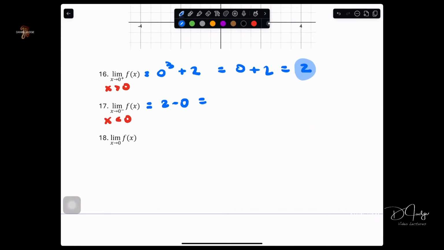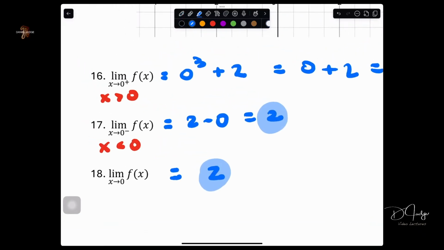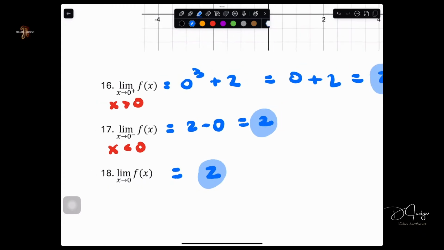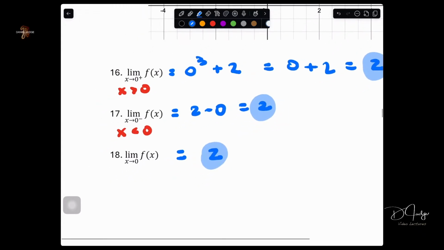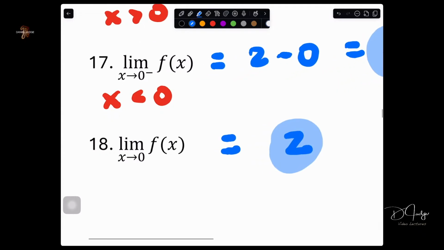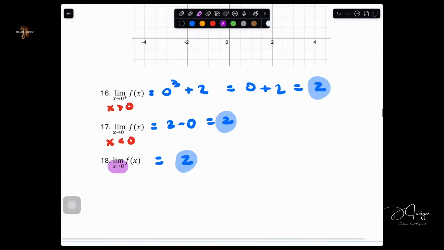And 2 minus 0 is the value 2. And so since the left-handed limit equals the right-handed limit, they're both 2, we can say that the limit as x goes to 0, regardless of the direction, left or right, is the value 2 because it's the same. So that's what this means here. Both the left and the right are equal to 2.